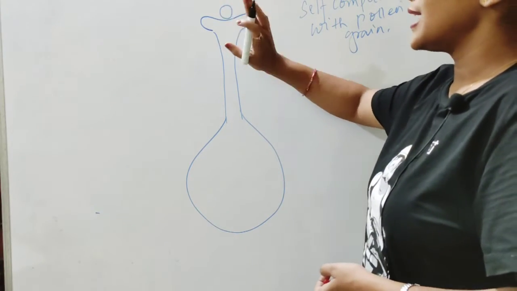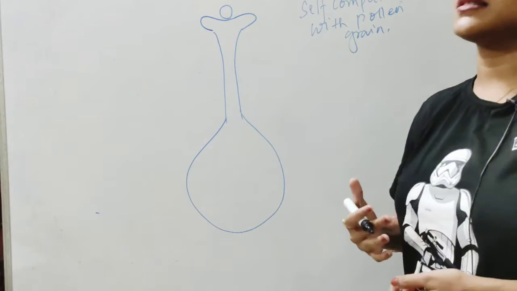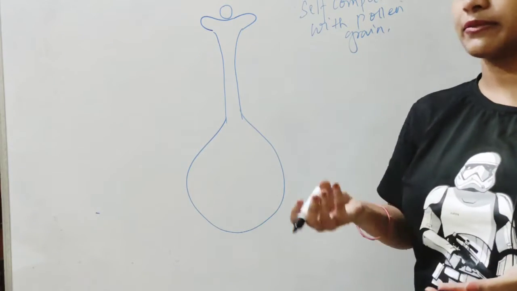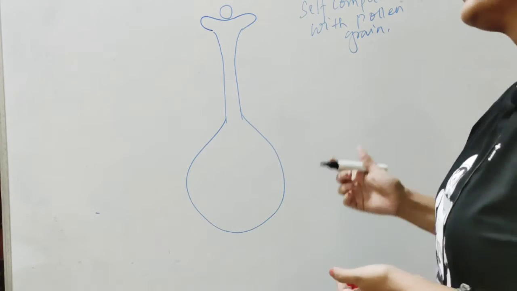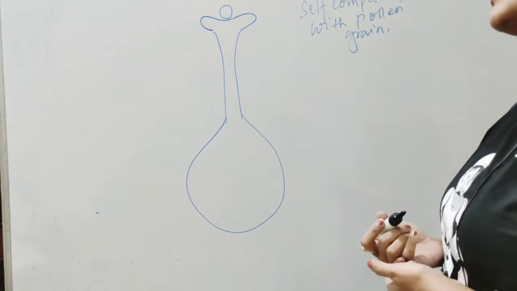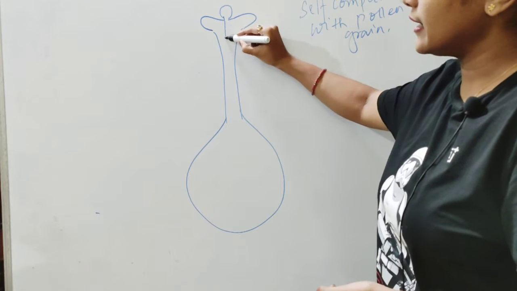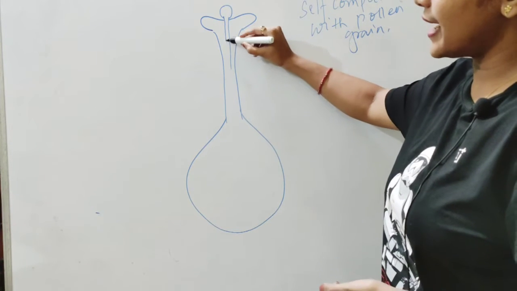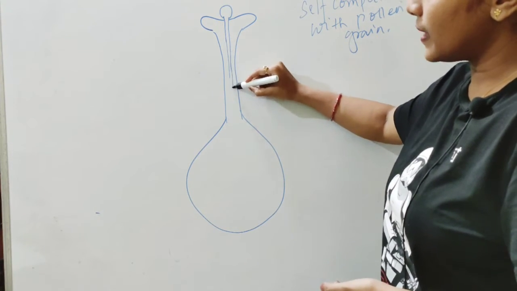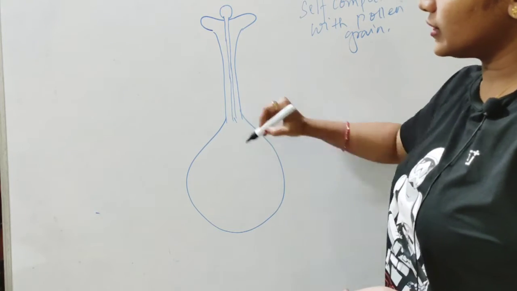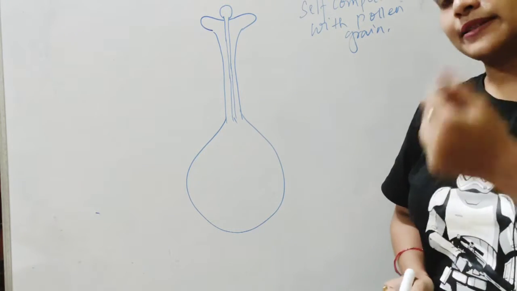Let me quote that the pollen tube, as we had seen in the previous video, originates from the intine region of the pollen, and it is with the help of the tube nucleus. Now, if the tube nucleus is able to guide this entire path through the style, how is it possible?